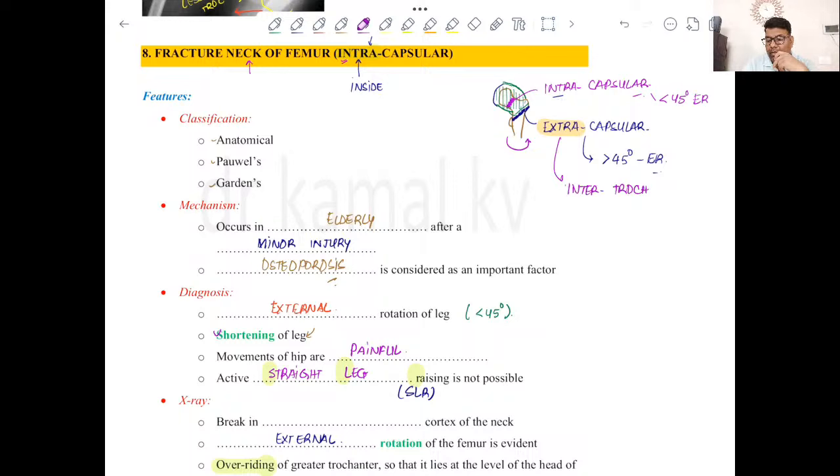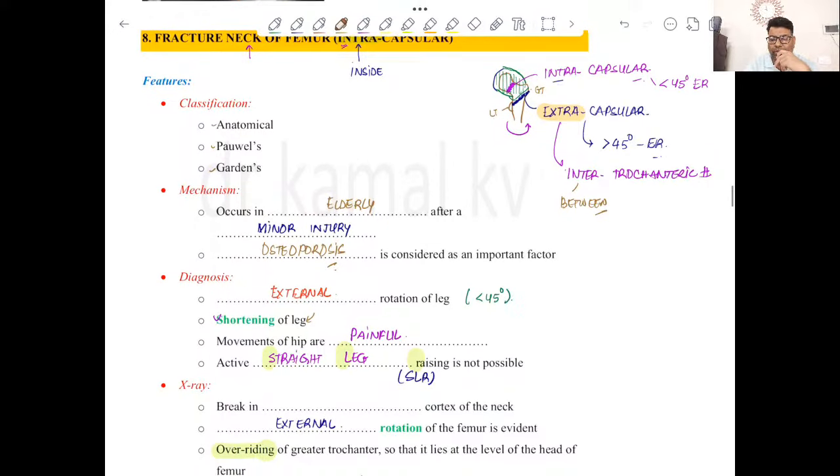Now I think all of you must be knowing what inter is. Inter means between. So the fracture line is running across a line which is connecting the greater trochanter with the lesser trochanter. So this is intertrochanteric fracture.